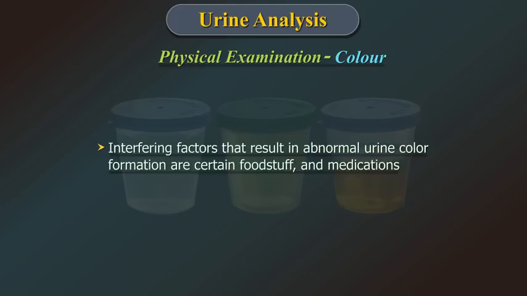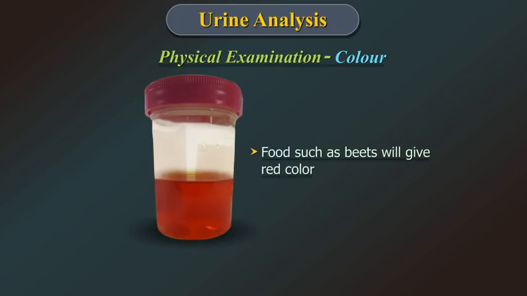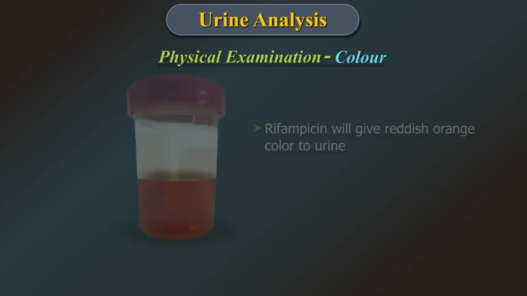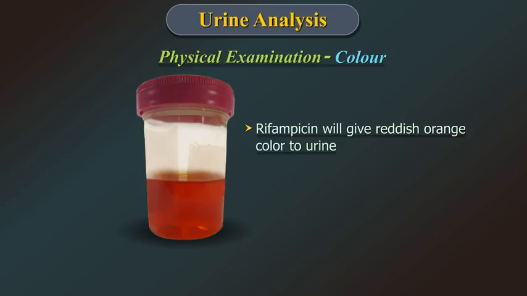Interfering factors which result in abnormal urine color formation are certain foodstuffs and medication. Food like beets will give red color. Drugs such as vitamin B12 and riboflavin will give a bright yellow color to urine. Rifampicin gives reddish orange color to urine.